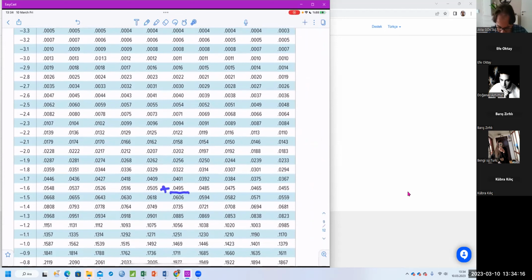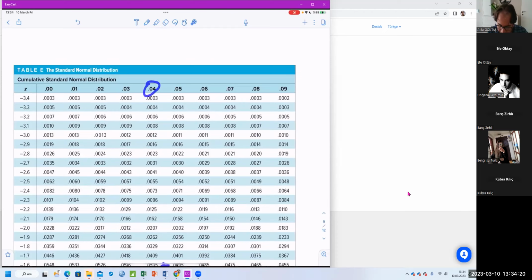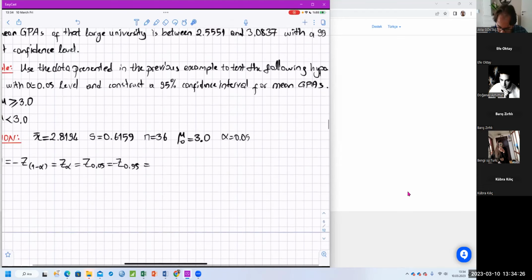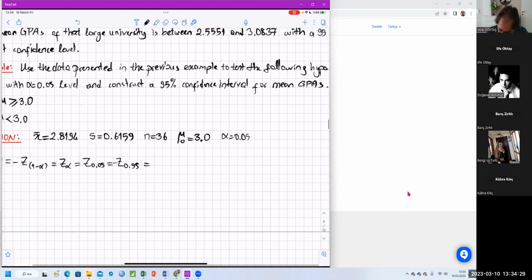So it's between minus 1.64 and minus 1.65. So in the mid, the result is minus 1.645.